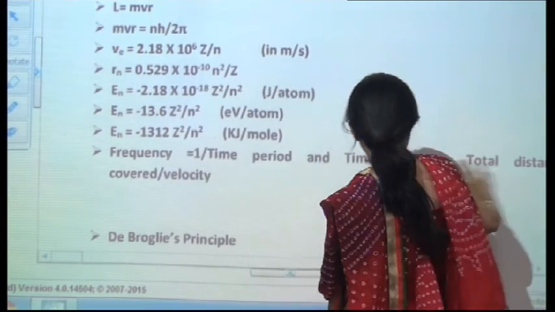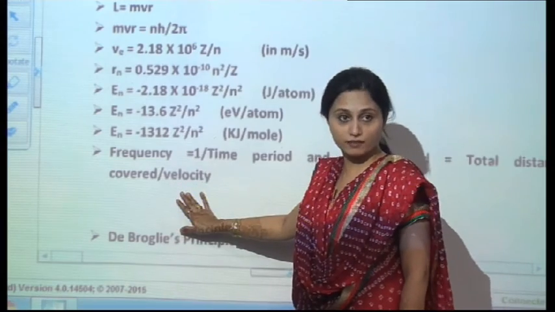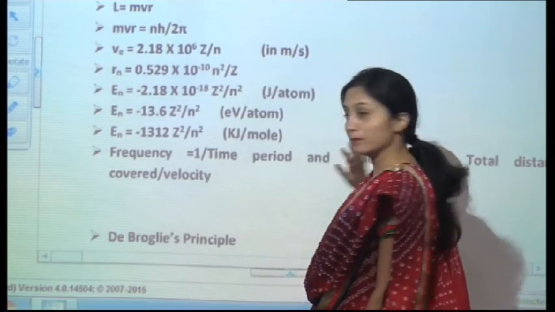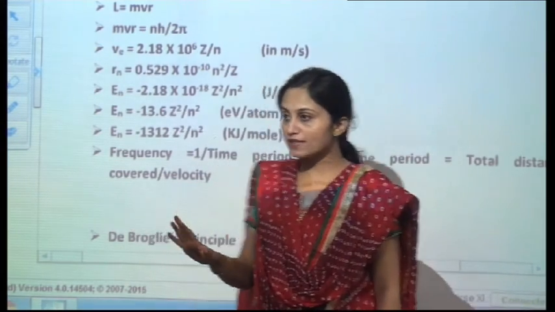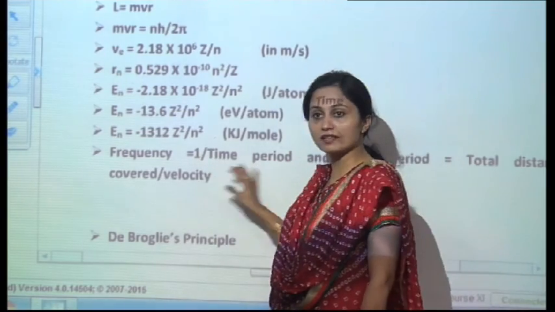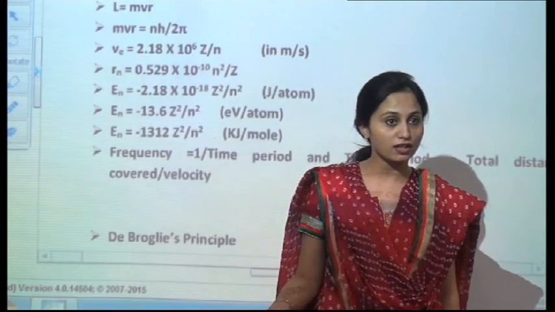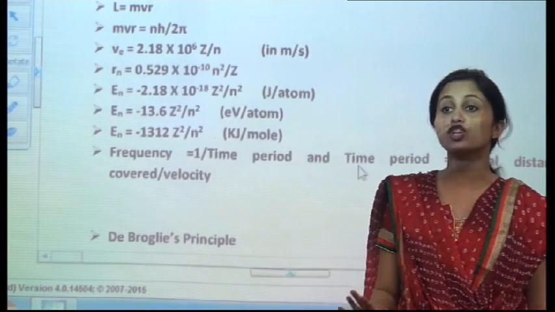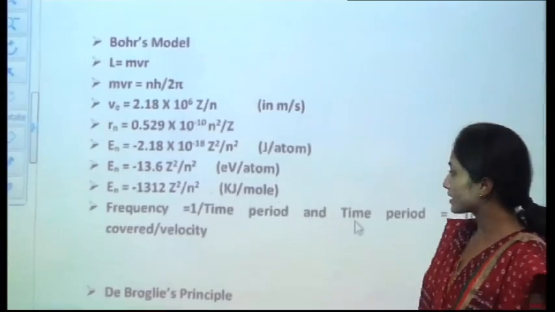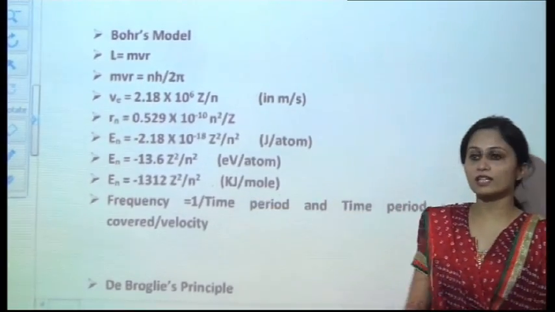Total distance upon velocity gives you the time. Simple concept. And what is the inverse of time period? That is your frequency. If you know the frequency, you can calculate the energy. What is your energy? It is h nu. So once you know nu, then you can calculate energy.